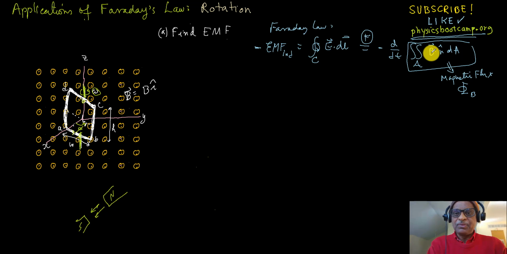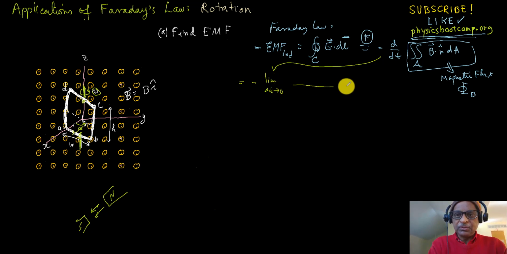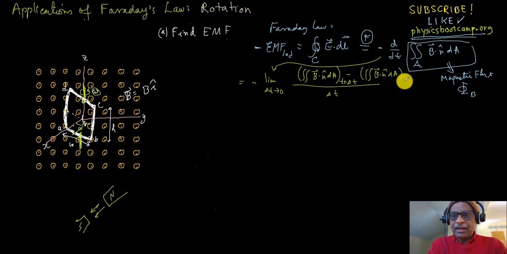It's the rate that matters. So the right side can be written as minus the limit as delta t goes to 0, just as for any derivative, of the flux, the integral of B dot n hat dA at time t plus delta t, minus the flux, the integral of B dot n hat dA at t.